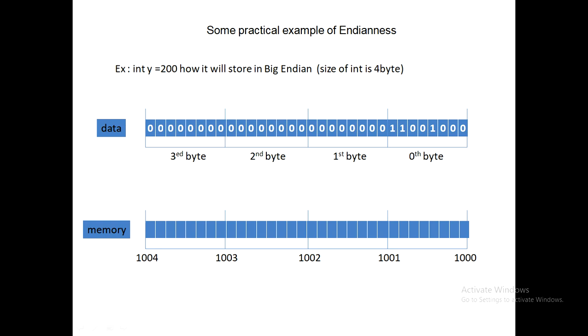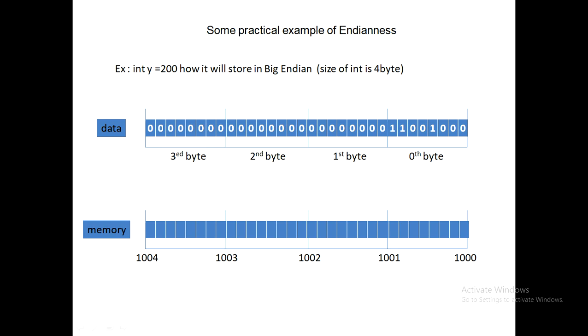Now let's quickly check how this data is stored in a big endian system. We have this data and this memory. As per the big endian system, the higher byte is stored at the lower memory address.